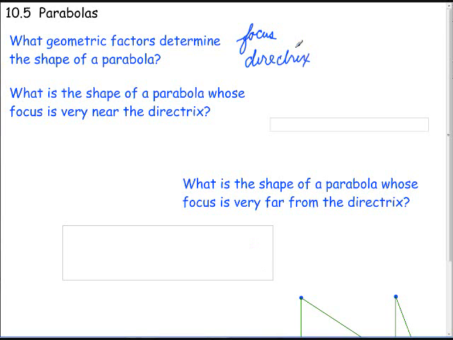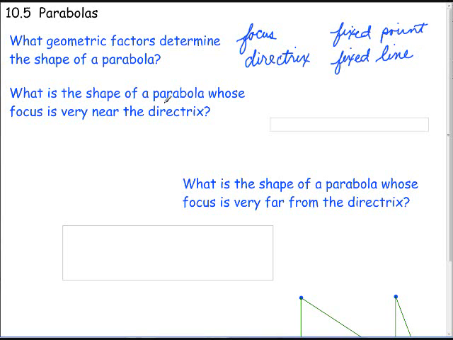Now suppose you forgot those names. You could say the fixed point and the fixed line. Fixed, that means it doesn't move for any particular parabola.